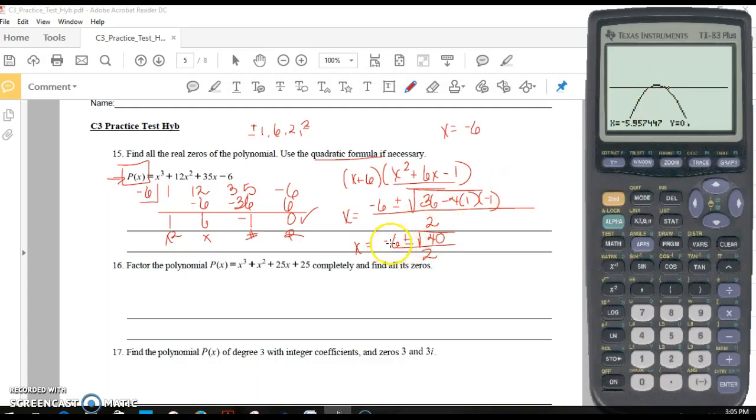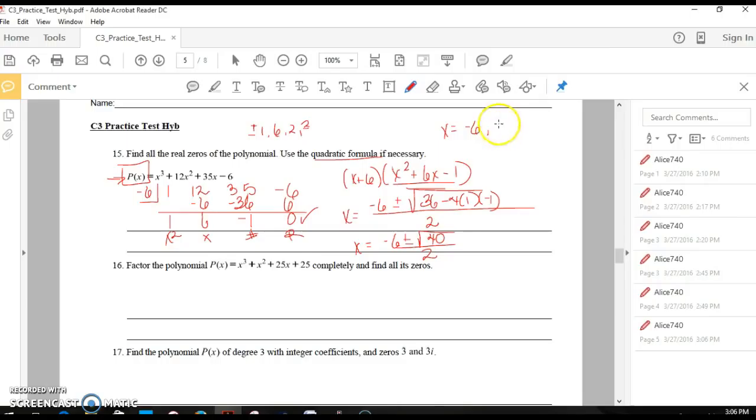So the negative 6 minus the radical 40, all that divided by 2, that's this part right here. And then here's the 6. And then the one that kind of looked like a 0, that's the one that's a little bit over with this. So that would be the negative 6 plus the radical 40 over the 2.